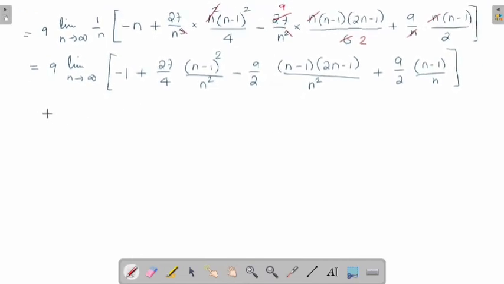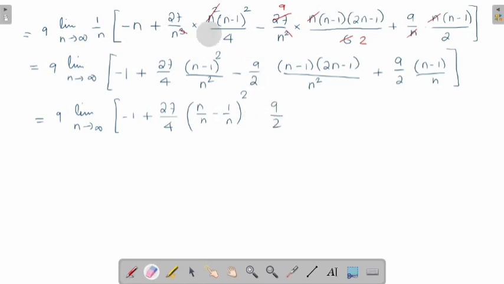Alright, so we have 9, limit n tends to infinity is there, minus 1 plus 27 by 4. So all of you know this can be written as n by n minus 1 by n whole square. We have minus 9 by 2.